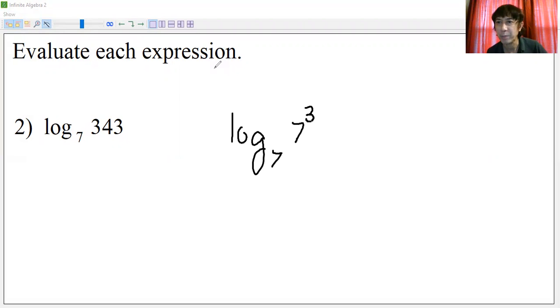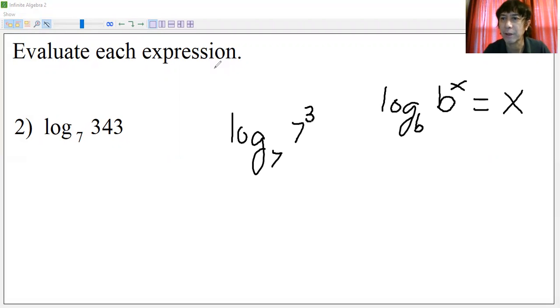So using the same property a while ago, the one I wrote here, that's log of b to the x in base b gives x there. And so this means the answer for this is just 3. The answer here is 3. So you should be able to check that.